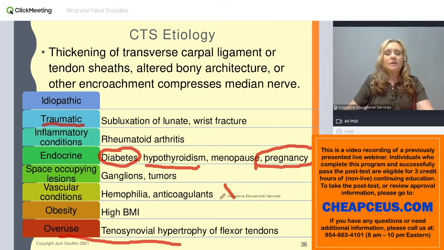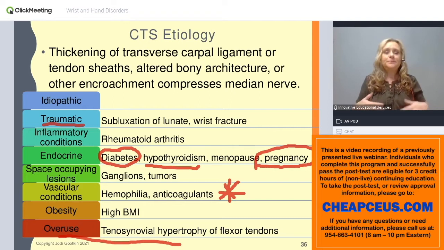Another population I want to highlight is individuals who have hemophilia and those on anticoagulants. Our patients who are ambulating with assistive devices, or those who are not, that have lower extremity or back pathology or balance deficits for neurologic reasons, and maybe they're on anticoagulants and they have a stumble and a recovery with their upper extremity, or a fall where they land on the upper extremity.